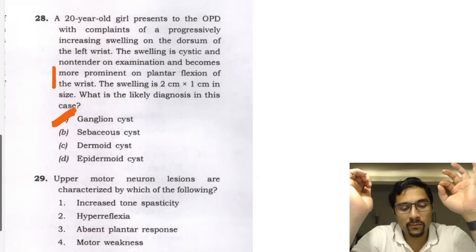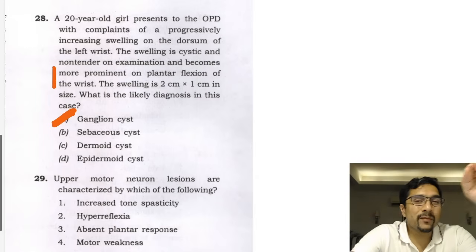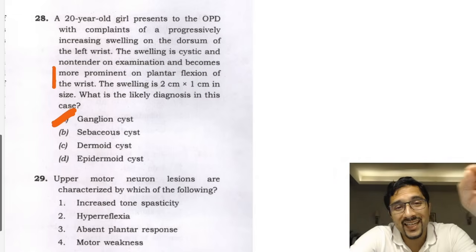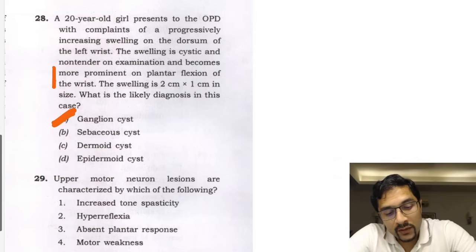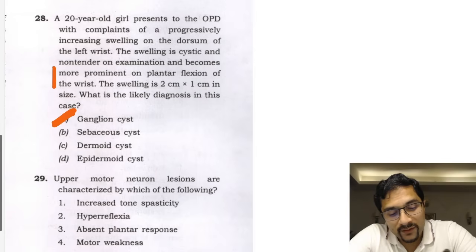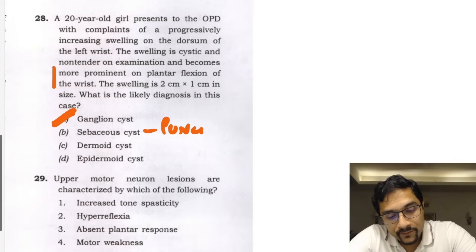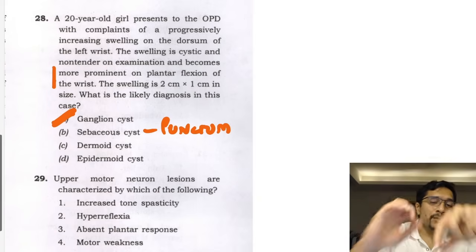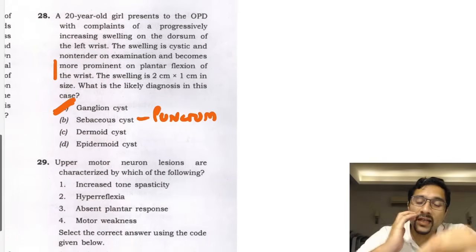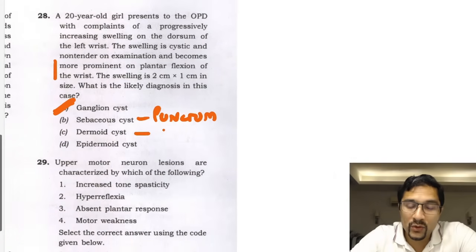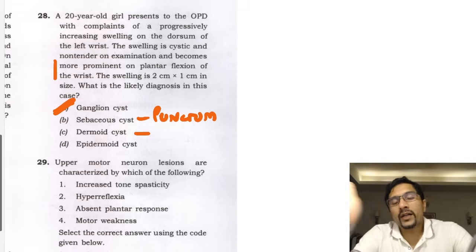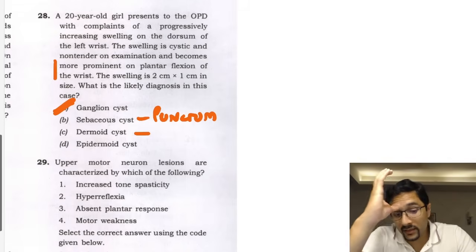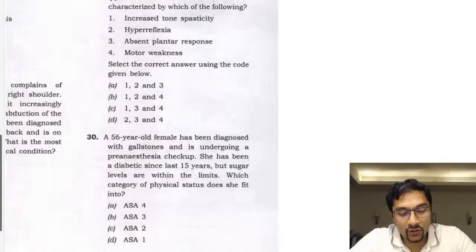Sebaceous cyst, you know, is a blocked hair follicle duct; you can't pinch the skin, and a punctum is there. So punctum will be the classical sign for sebaceous cyst. Dermoid cysts will be found at the sites of embryonic fusion. So you will either have a post-auricular dermoid or it will be at the outer canthus of the eye. That is what you should remember.